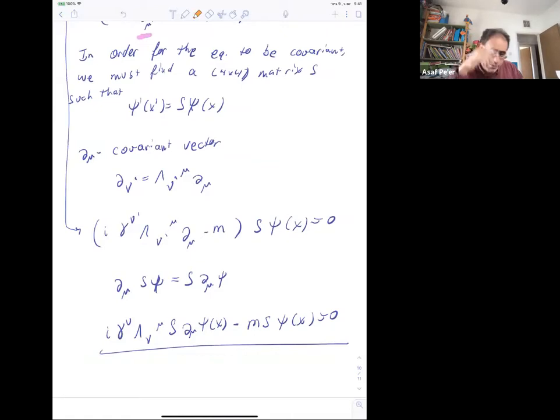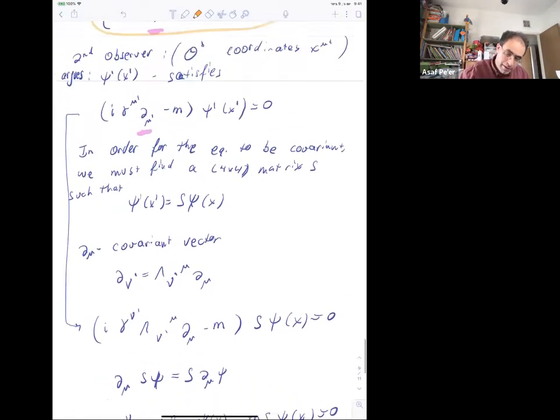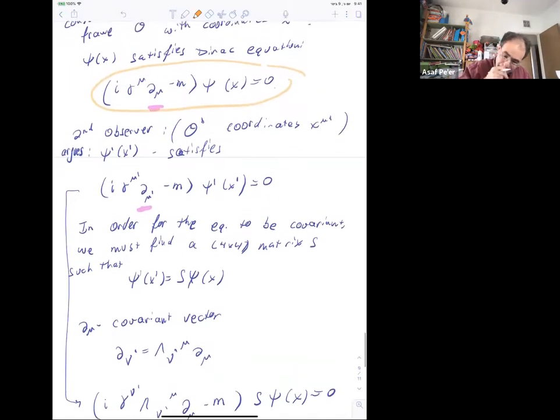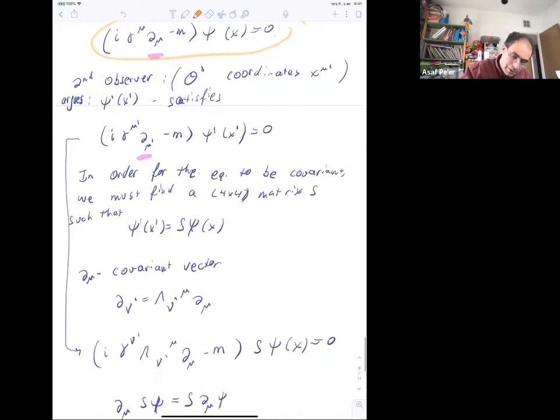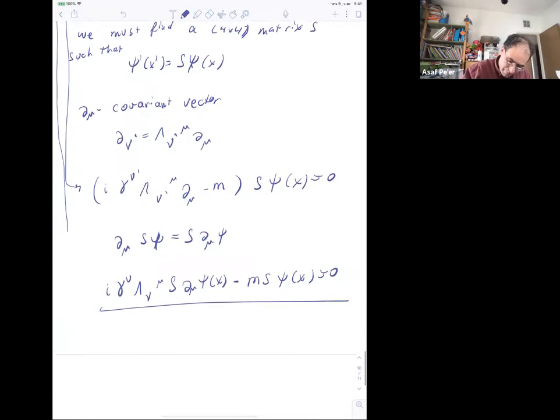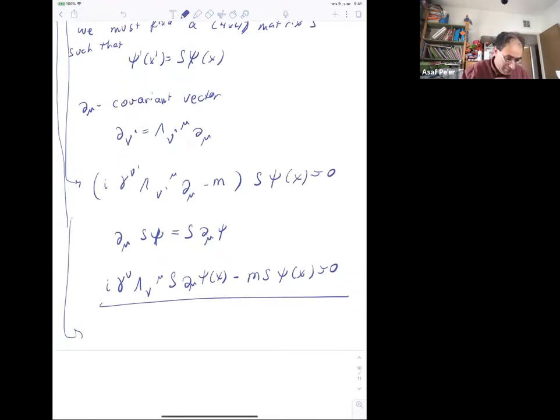So I can take this original Dirac equation and multiply it by S from the left. So original Dirac equation, and I take it and multiply by S from the left. And we have i S gamma mu partial mu minus m S psi x equal to 0.